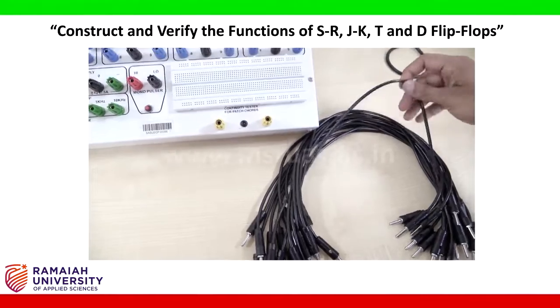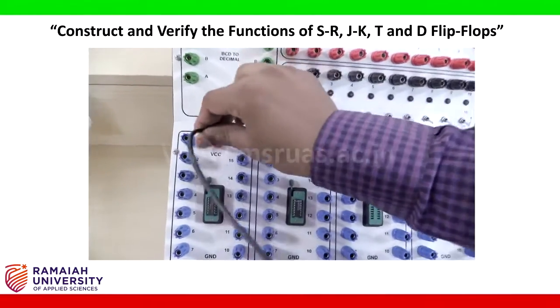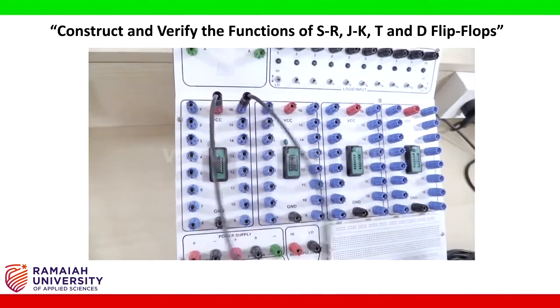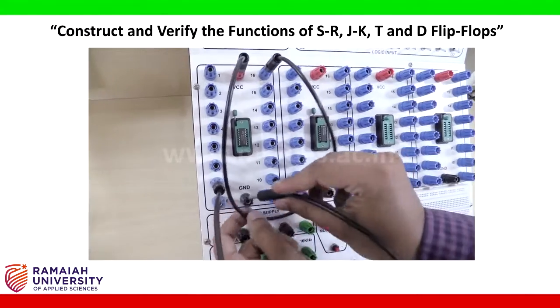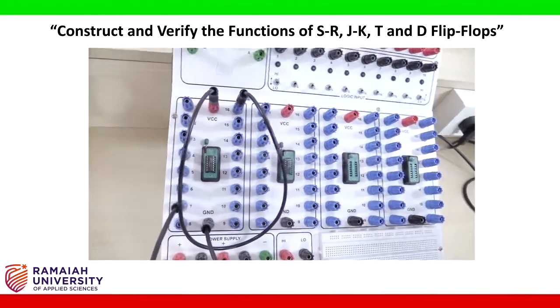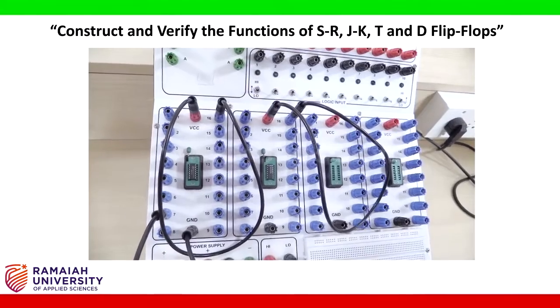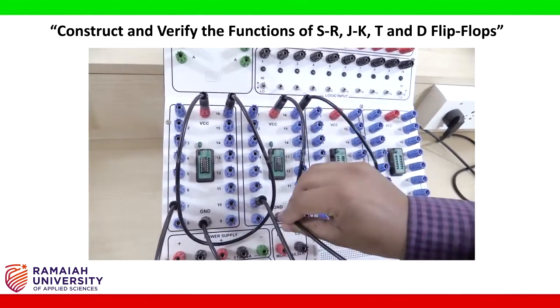Now let us start connecting it as per the logic diagram. So before that, I will connect VCC and ground for both IC bases. Pin number 14 represents VCC and pin number 7 represents ground. Similarly, pin number 14 of the second IC represents VCC. Pin number 7 represents ground.